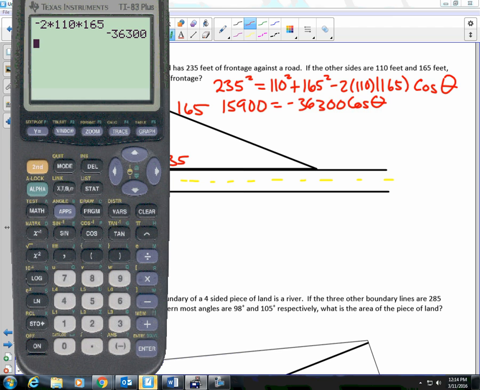There we got it. So I subtracted over the 110 squared and the 165 squared. I'm going to divide off the negative 36,300.